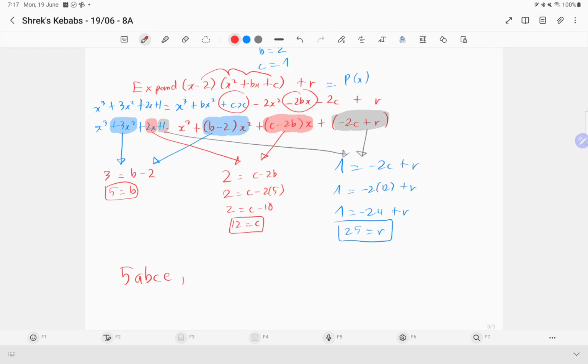So 5A, B, C, E, and question 7. Or no, 6? No, we'll skip 6 for now. 6 is very similar to the quadratic thing that you guys were doing in the past. So the whole of 7, yeah. 7 is challenging. Okay, question 7 is a little bit challenging.